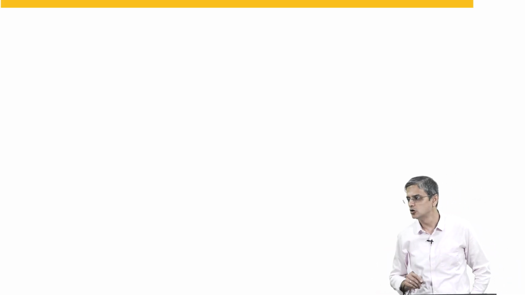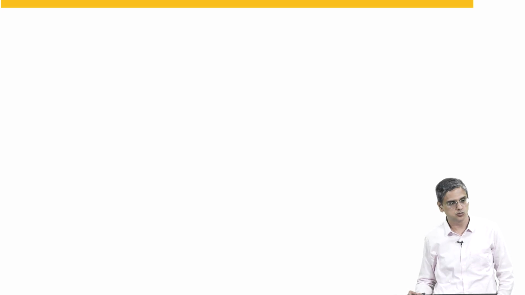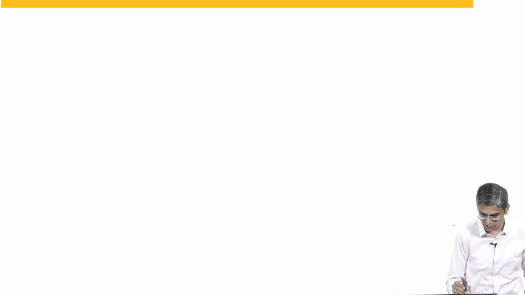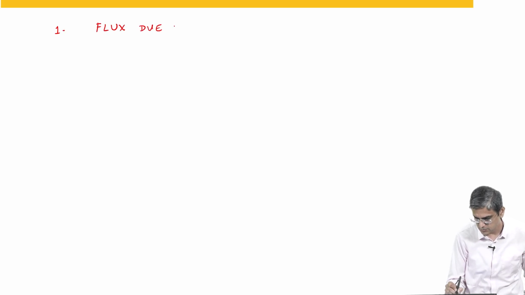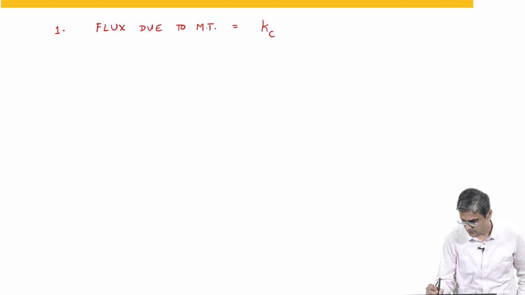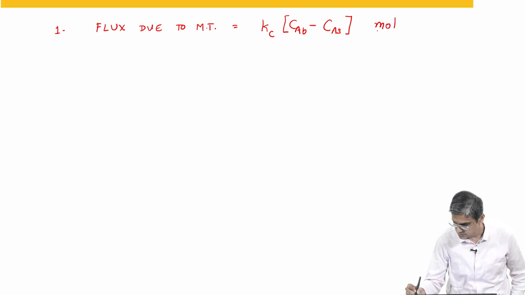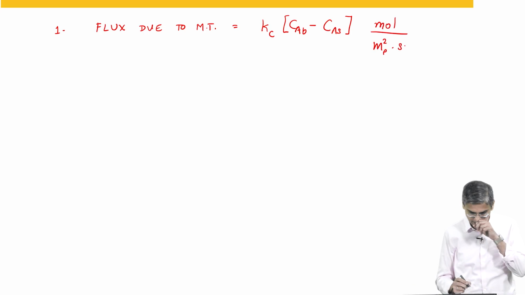So just quickly, how to do the two problems. The first problem: the flux due to mass transfer is Kc multiplied by Cab minus Cas, in moles per meter square particle per second.